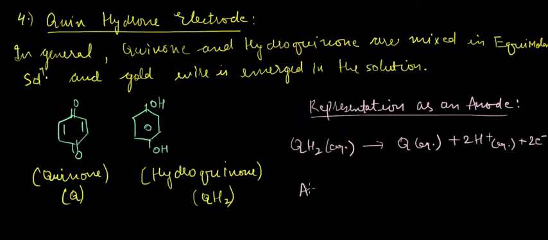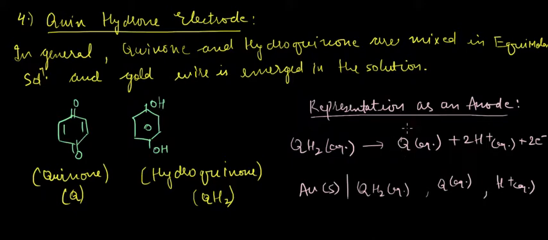So we can write that on the surface of gold, QH2 aqueous is getting dissociated into Q aqueous and H+ aqueous. Oh, I forgot the charge on Q. So this QH2 would be getting converted into Q2- and 2H+.